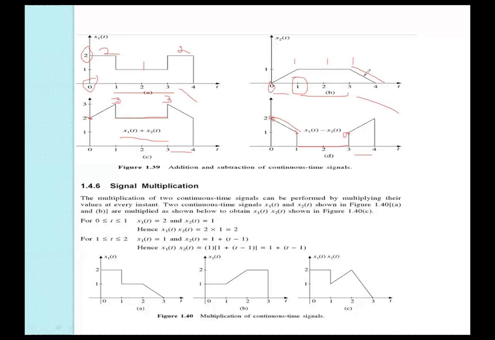So 2 minus 3.5, we are subtracting x1 minus x2, and the range is 1.5. It decreases the value, 1.5. At 3.5, the value is 1.5.